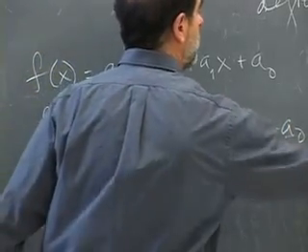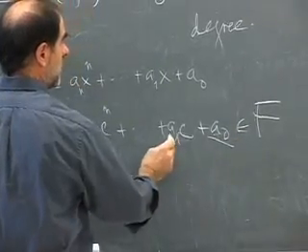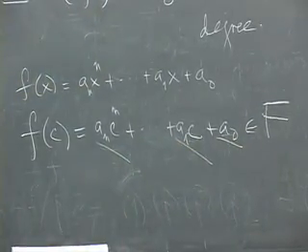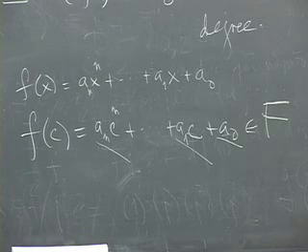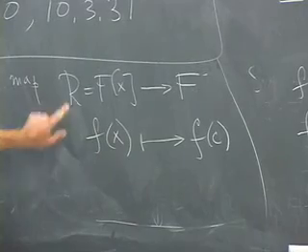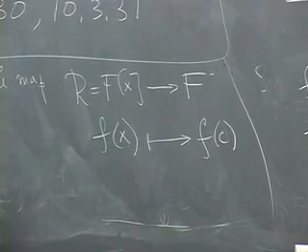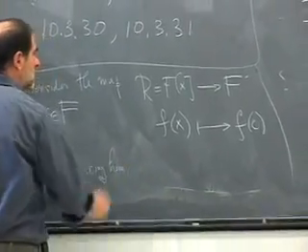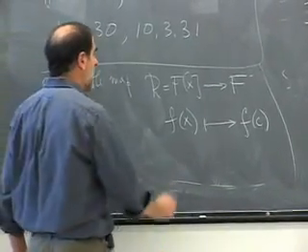That's an element now in the field, because each coefficient is in the field, each product is in the field, and each power is in the field. So you just add them all up, you get an element in the field. I claim that this is a ring homomorphism. Well, you have to check.